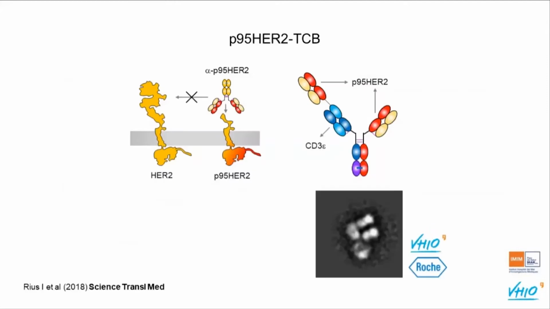In collaboration with Roche, we developed bispecific antibodies, and here the structure of those bispecific antibodies is shown. Using the sequence of the P95 HER2 antibodies, we constructed these trispecific antibodies that bind with 2 arms to the tumor-specific antigen, in this case P95 HER2, and with 1 arm to the CD3 subunit of the T-cell receptor.